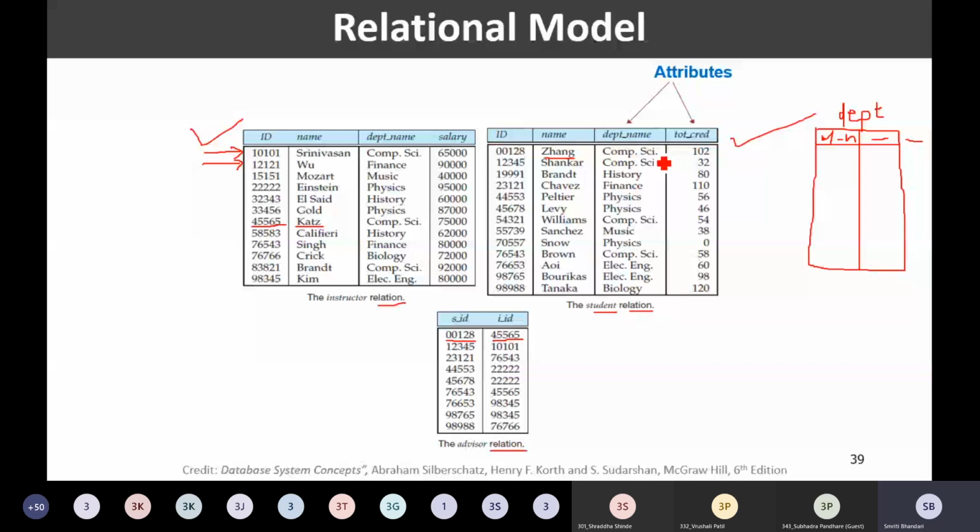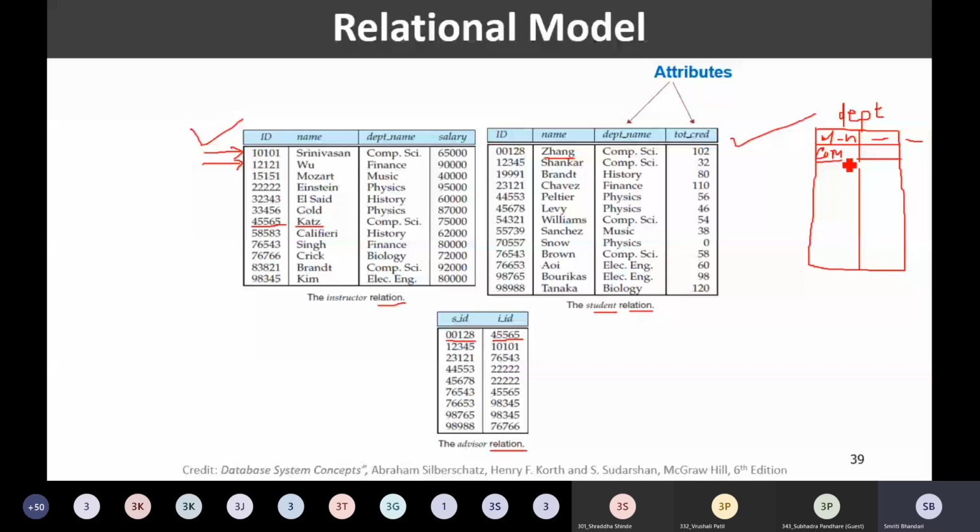What does my referential integrity ensure? If I am inputting department name here as computer science, it will make sure that this computer science department exists in my department table. So I must have computer science as one of the records here in my department table.